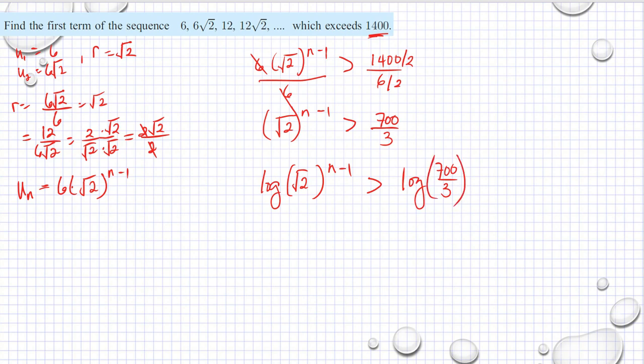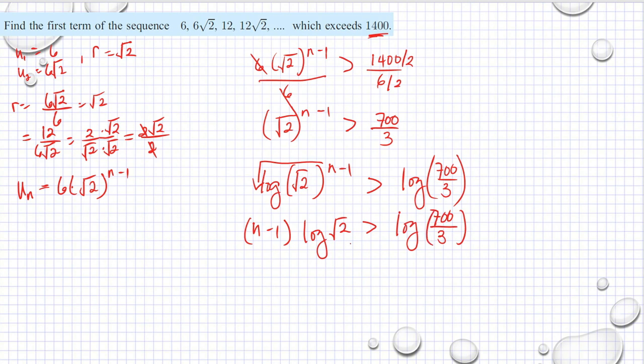I'll put parentheses there. And then the n minus 1 goes down, n minus 1 multiplied by logarithm of square root of 2 is greater than logarithm of 700 divided by 3.